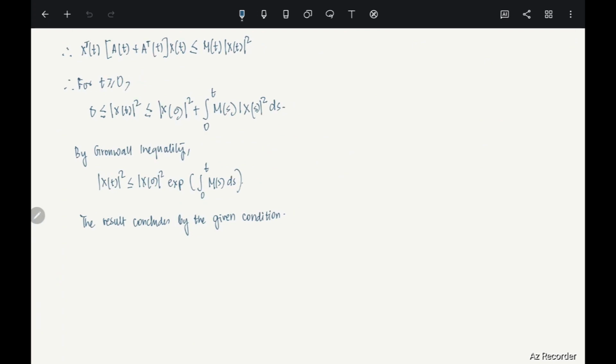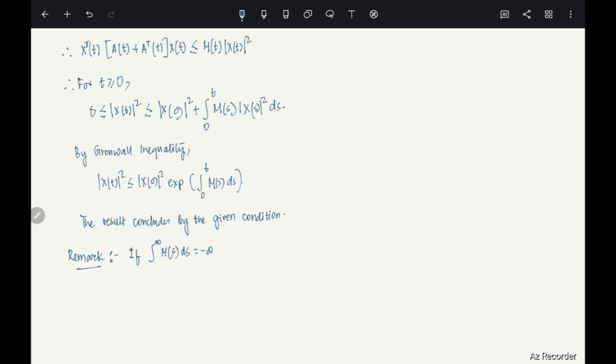Okay. Now, a small remark let us put. Let's say, if we write the integral of m(s) ds, this condition is important, right? This condition guaranteed that x(t) goes to 0.